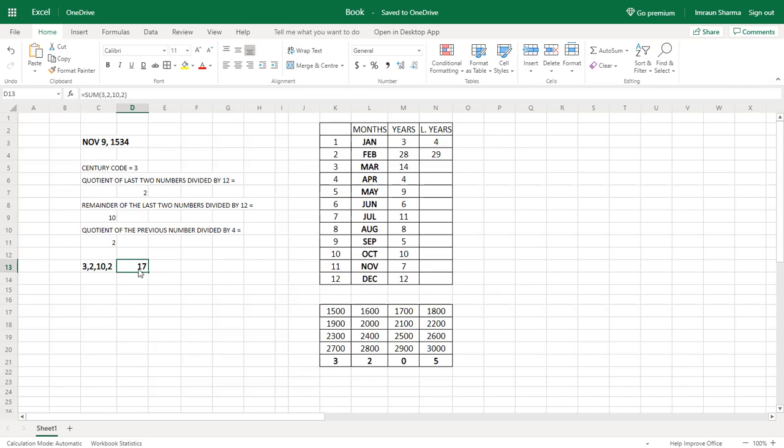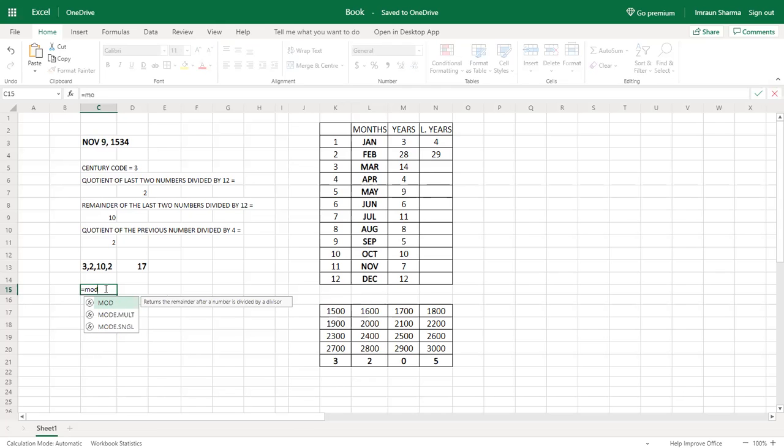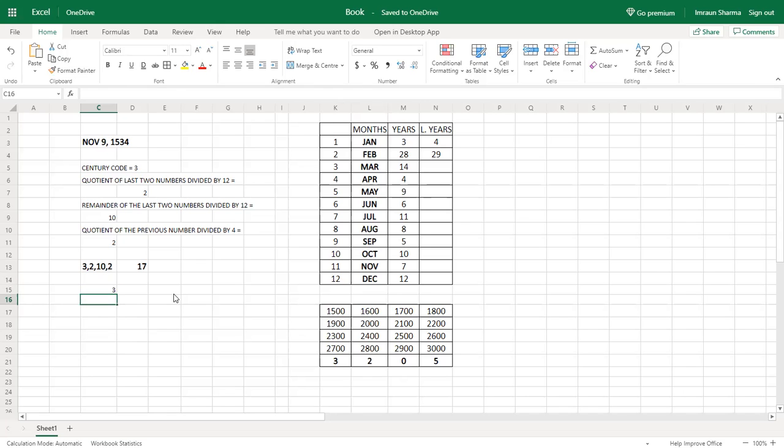And now finally we have to divide this by 7. After dividing by 7, we need to get its remainder, not the quotient. So let's do mod 17 divided by 7. So the answer is 3. Now 3 is, well, which day?